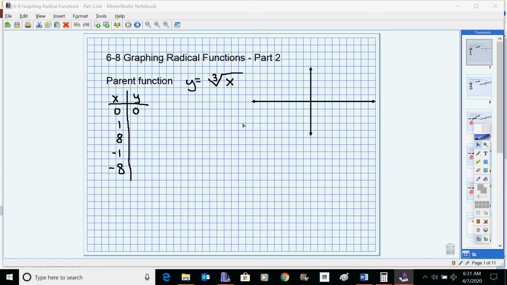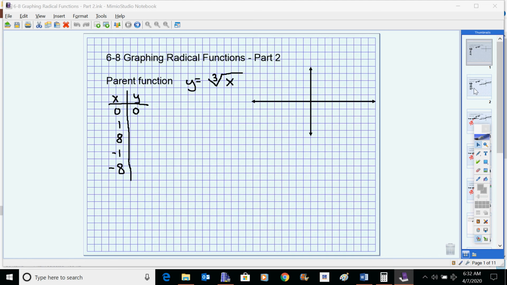Remember, cube roots don't have as many restrictions. The domain of this function, for example, would just be all real numbers, because there's nothing that you can't take a cube root of. The positives and the negatives all have a value, even if it's some kind of crazy long decimal that doesn't end. There's still an answer for each one of them.